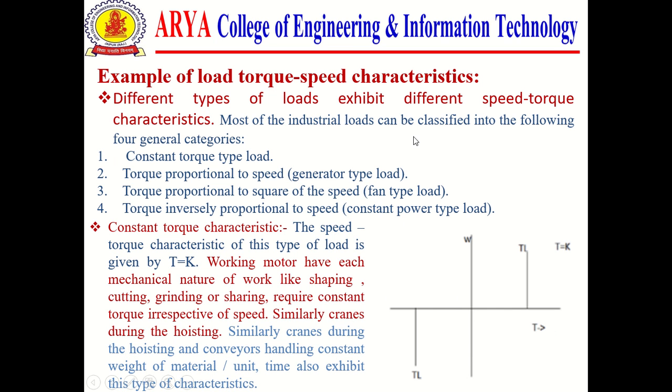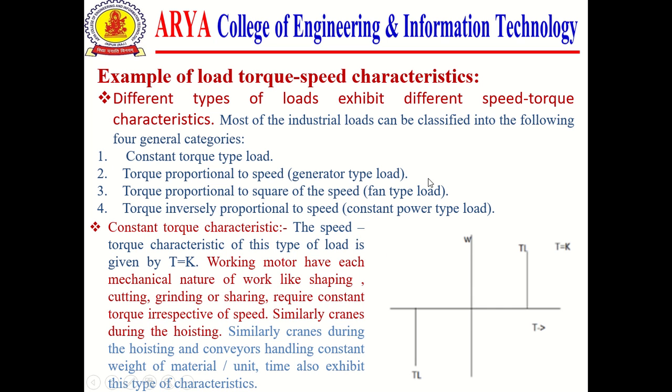Most industrial loads can be classified into the following four general categories. First, constant torque type, which means that load torque does not depend on the speed. Whatever the speed, whether it increases or decreases, the value of torque does not change.